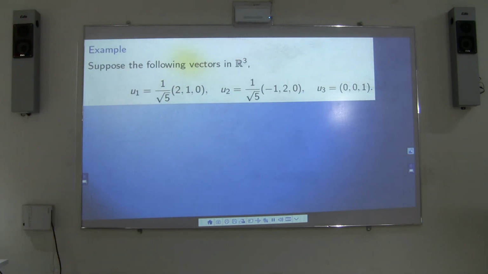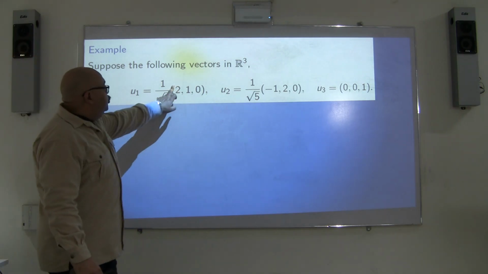Now, look at this example. It's really very important. First of all, Miss Nada, the first vector, is it a unit vector? Bring me the magnitude of the first vector.